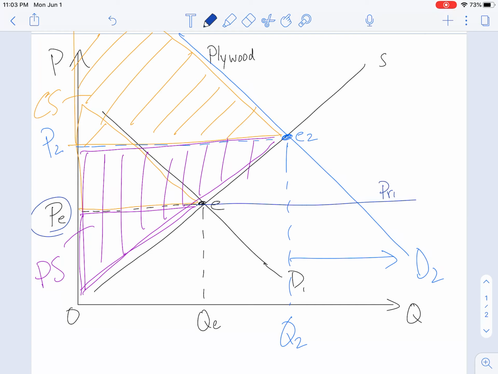This is our binding price ceiling. Okay. And this is imposed by the government. It's a legal maximum price. It is now illegal to sell plywood for more than the initial PE, right? Than the starting level.